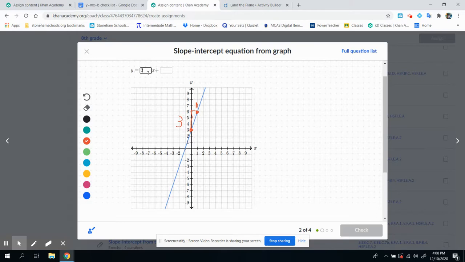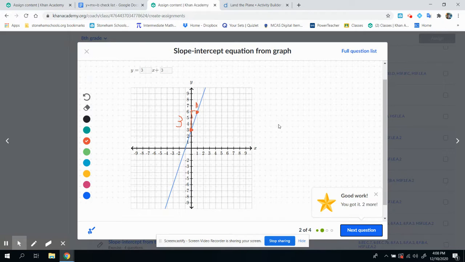So that's going to be a 3. The second box, right, is a 1 here. Sorry, not a 1. It's also a 3. Look at that. So my slope was 3. It's up 3 over 1. And my y-intercept was also 3 for my b value. Hey, I got it.